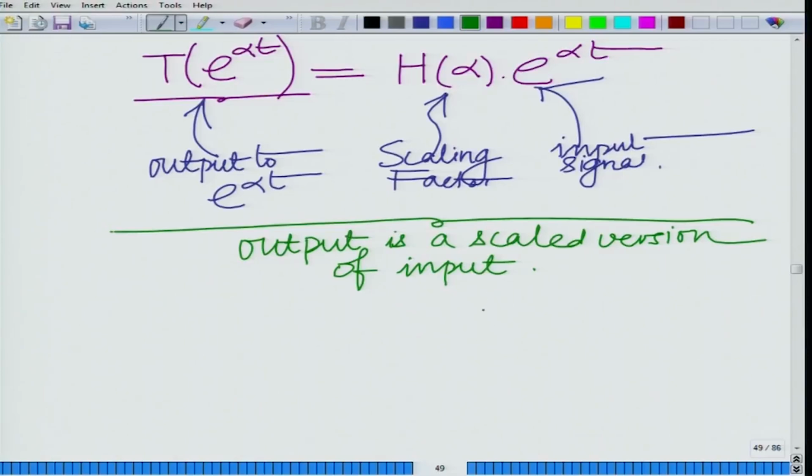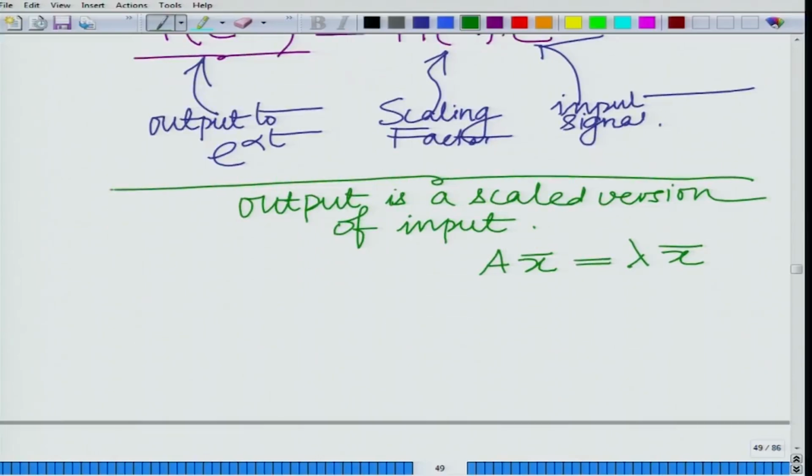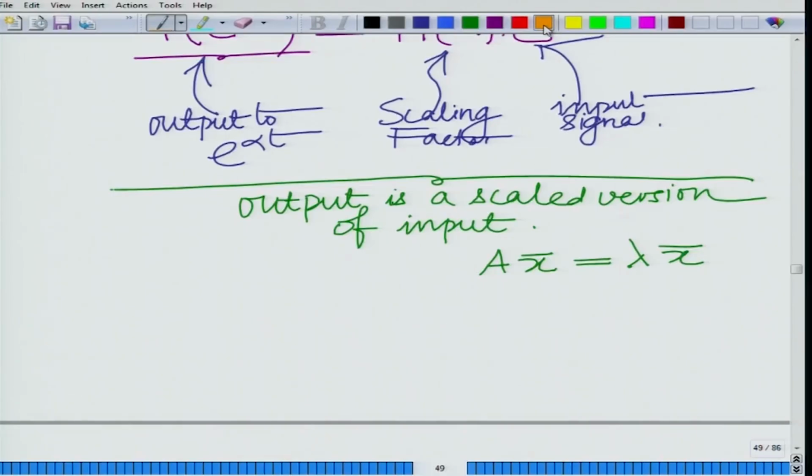Remember, in matrices, whenever we have a matrix A and a vector x bar such that A x bar equals lambda x bar, from your basic knowledge of linear algebra, this is nothing but a representation of a transformation or a linear system.